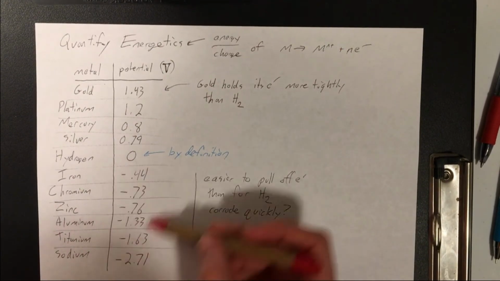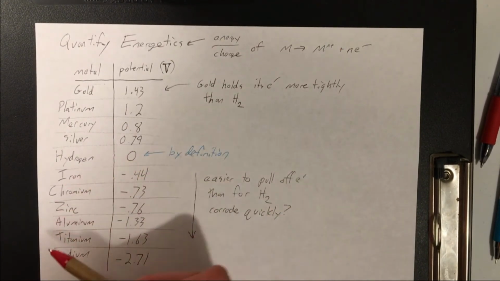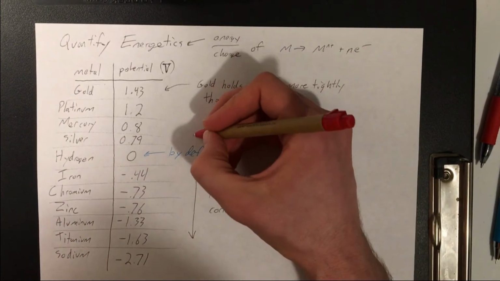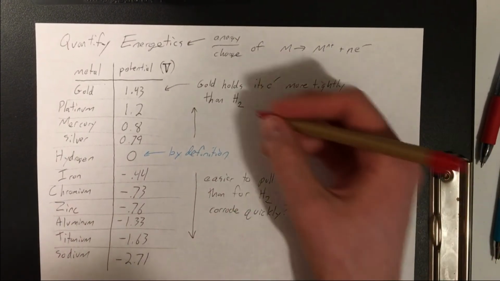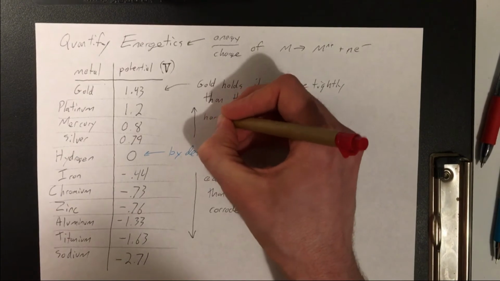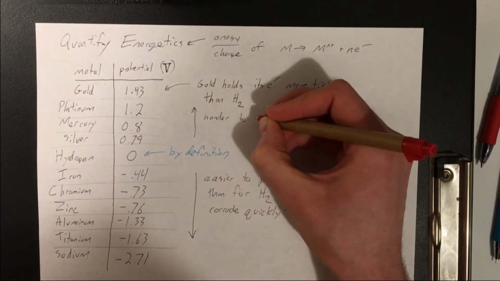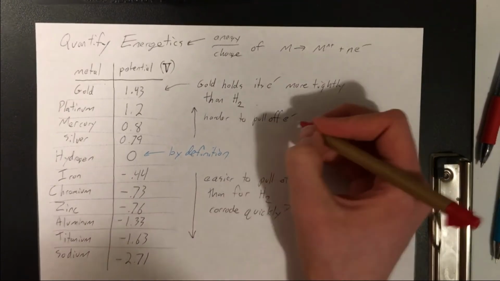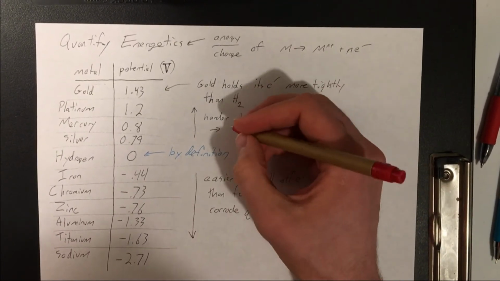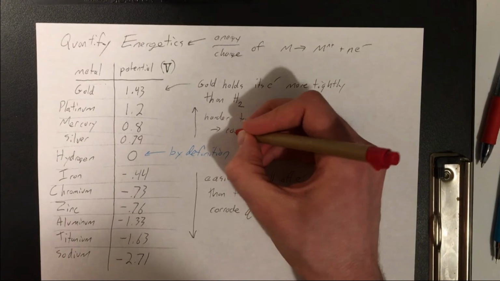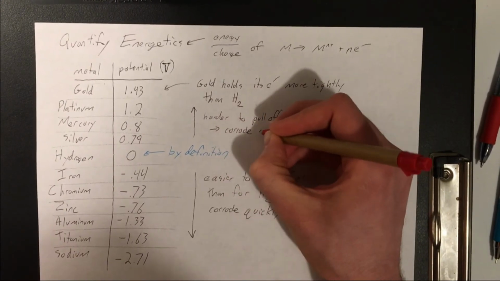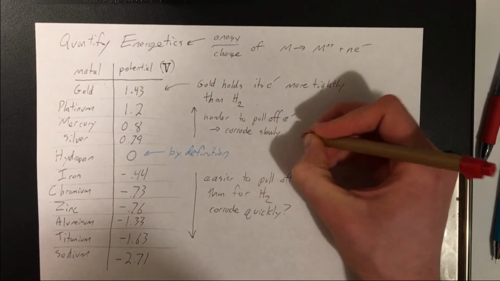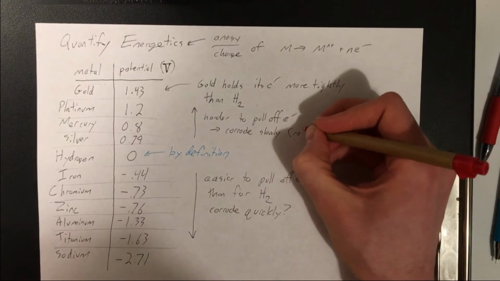It's a rather violent reaction. So in these cases, there might be a lot of metals down here that corrode quickly. Whereas metals up here, it's harder. It's harder to pull those electrons, so we'd conclude that they corrode slowly. Or maybe even not at all.